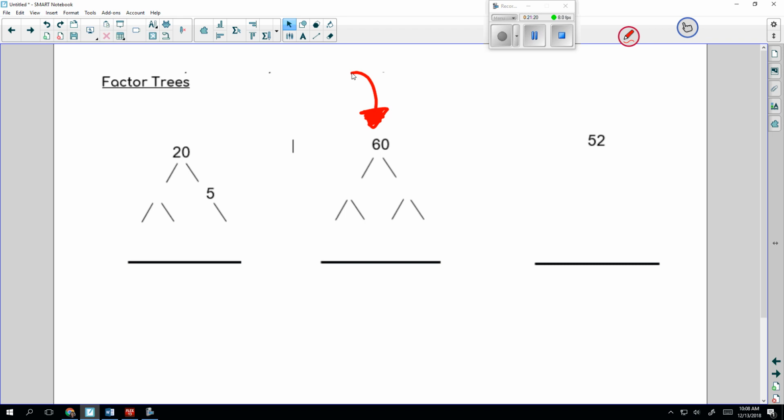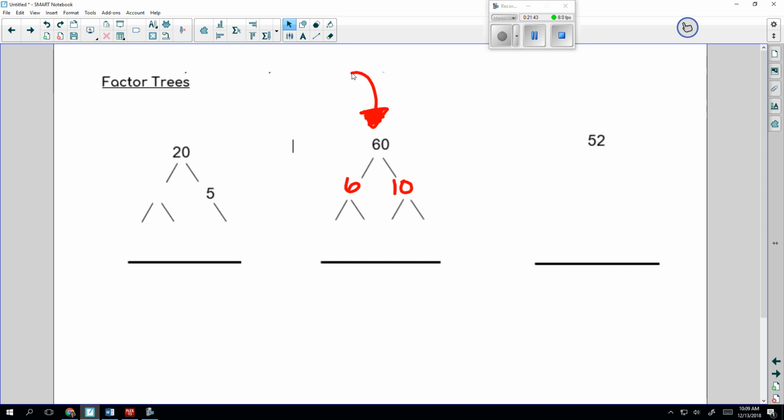So what is the way that I can make 60? I could do 6 times 10. Do you have to do it my way? No. Could you do 3 times 20? Yes. Could you do 30 times 2? Yes. Yeah, there's lots of ways.